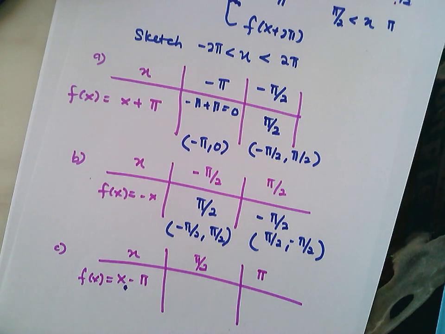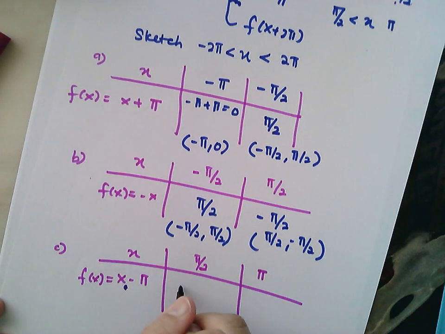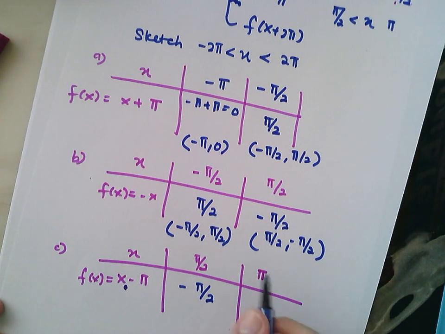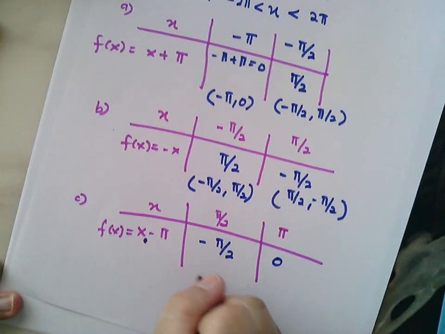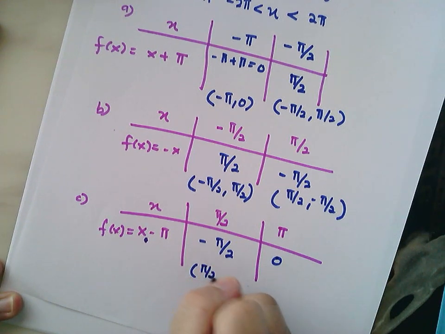When x is equal to pi over 2, substitute x equals pi over 2, and you will have negative pi over 2. When x is equal to pi, pi minus pi will give you 0. Therefore your coordinates will be (pi over 2, negative pi over 2) and (pi, 0).